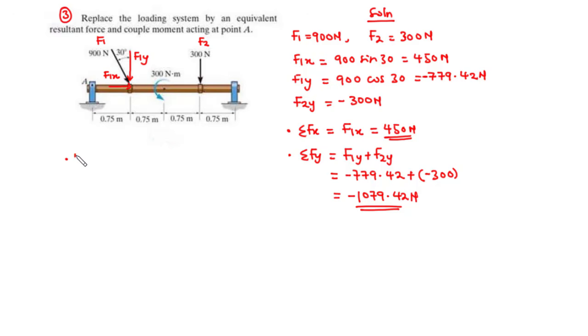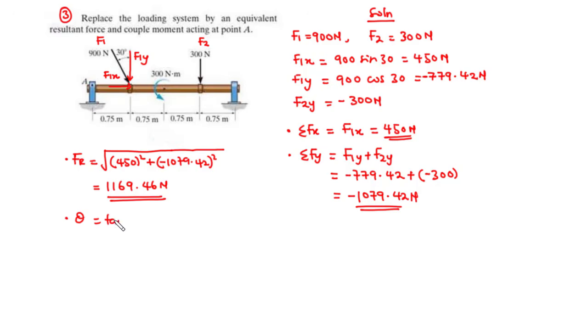So next, let's find Fr equals the square root of 450 squared plus negative 1079.42 squared. So when you simplify this, then you obtain 1169.46 newtons, and then you have theta equal to tan inverse of Fy over Fx.